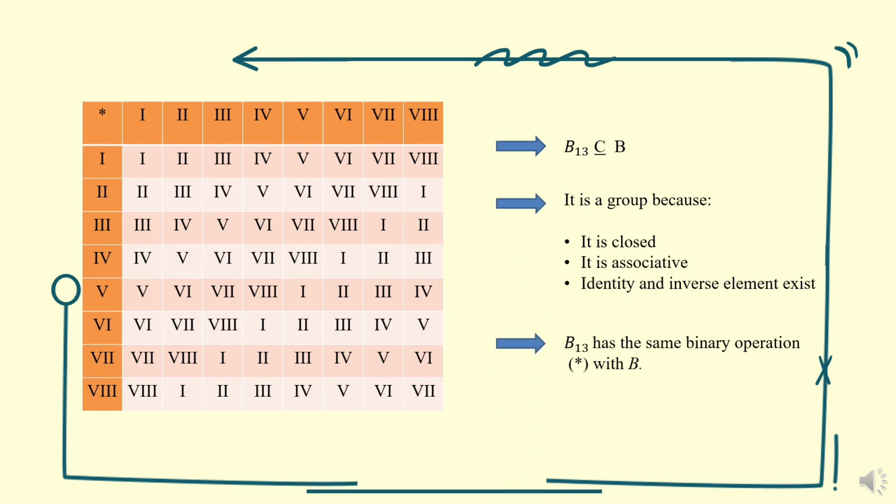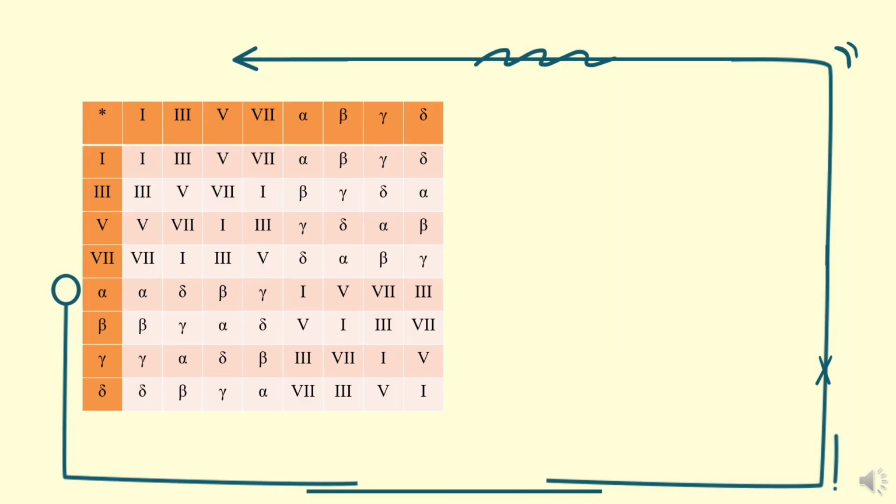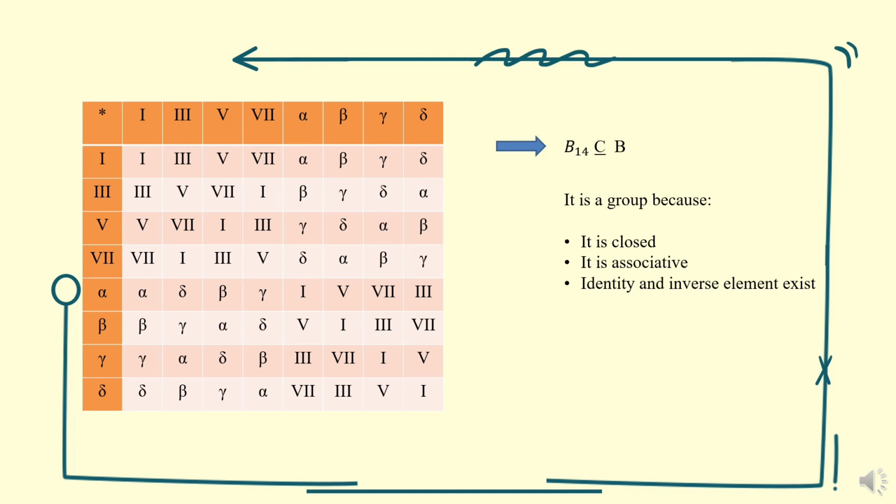Next proper subgroup is the set of 1, 3, 5, 7, alpha, beta, gamma, delta under the binary operation star, which is a proper subgroup. So, B14 is a proper subgroup of B. It is a group because it is closed. Yes, it is closed.